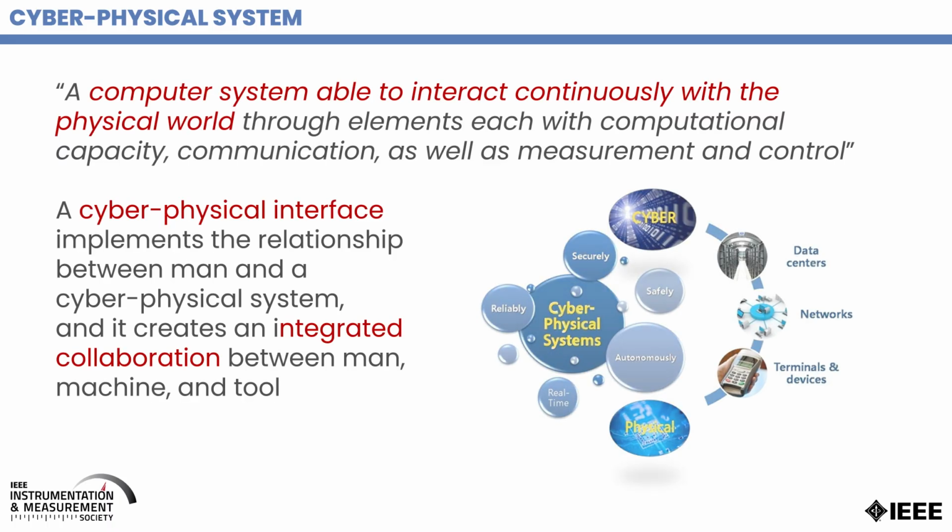So these are computer systems that allow us to interact continuously with the physical world. And in general, a cyber-physical interface is something that allows the human to be completely integrated and to provide an integrated collaboration with the machines and with the tools that we can use in industrial scenarios or in healthcare scenarios and so on.